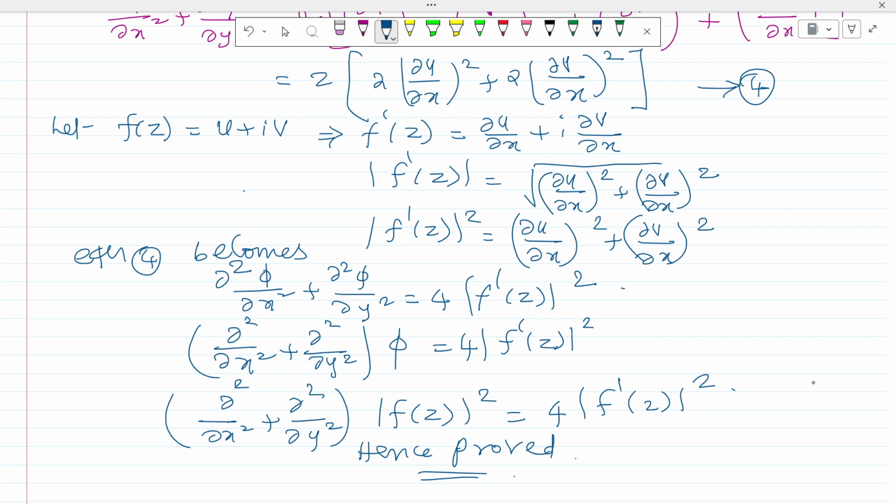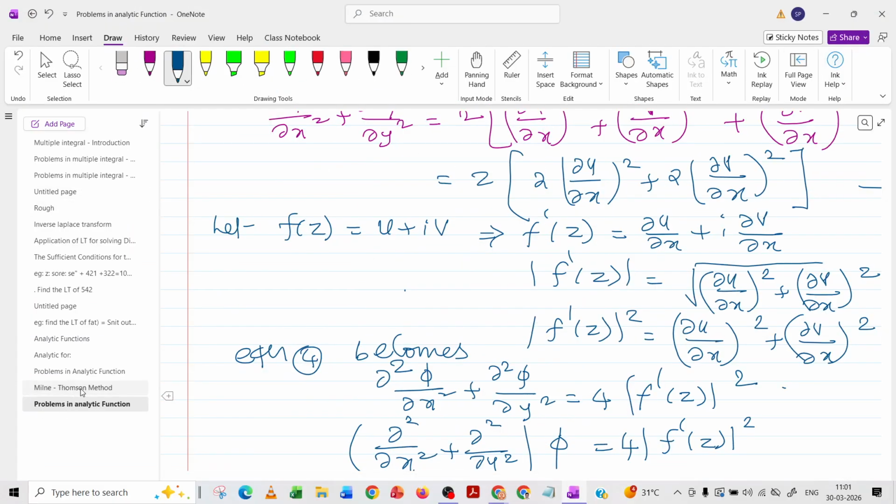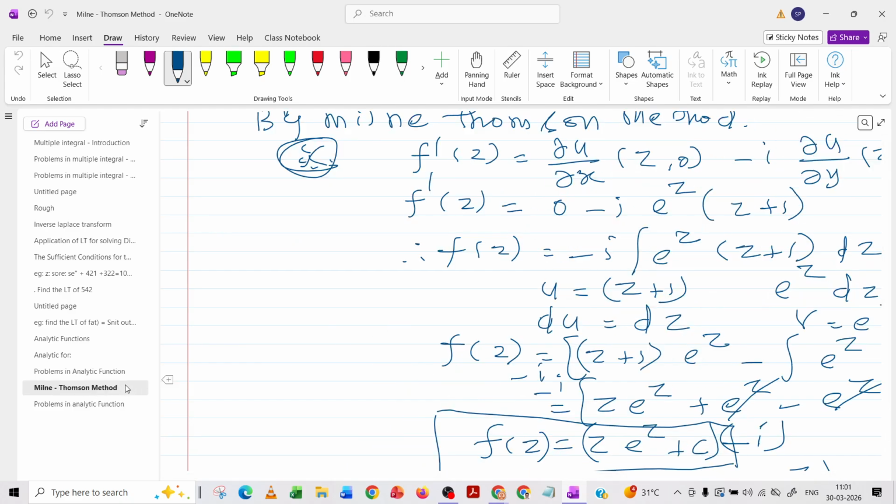U equal to x cube minus 3xy square plus 3x square minus 3y square. One more problem, the second problem: find an analytic function w equal to u plus iv if u equal to e power x, x sin y plus y cos y. Two problems we have done based on this. In that Milne-Thomson method, one or two problems we can do.